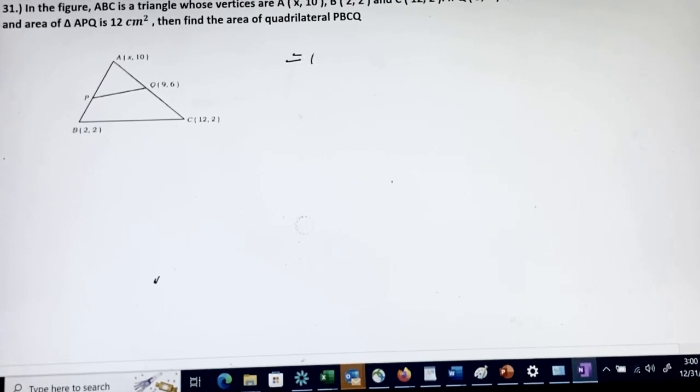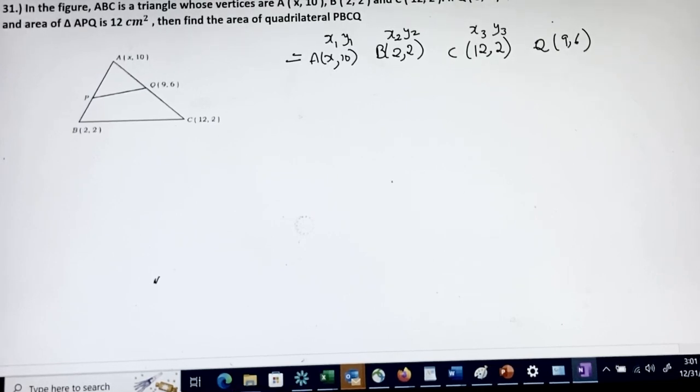So A of x comma 10, B of 2 comma 2, C of 12 comma 2, and Q of 9 comma 6. So here this ABC, we know that it is x1 and y1, this is x2 and y2, this is x3 and y3, this is x4 and y4.